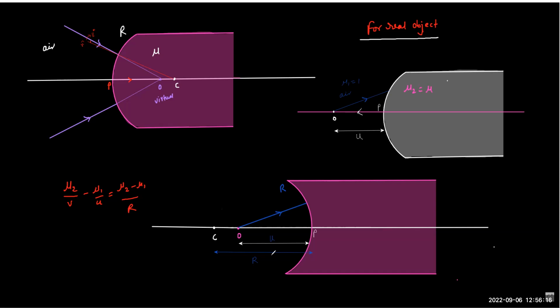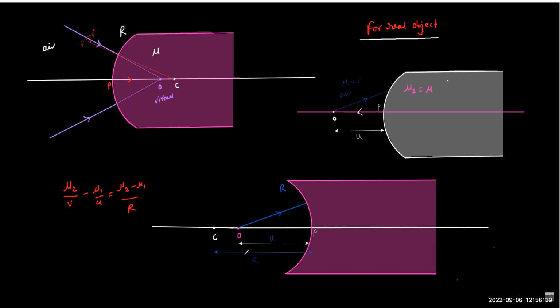Okay. Now the question is, for a real object, what is the real image? For a real object, if the image is real, when a medium is refracting, what do we expect? That the image must be on the opposite side.